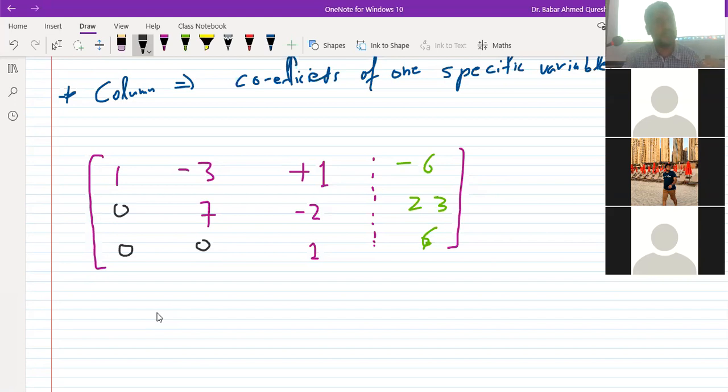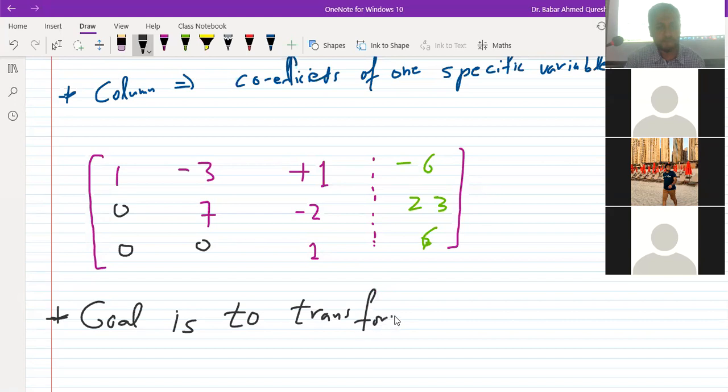So the goal would be to bring my original matrix which I constructed to this form. The goal is to transform the augmented matrix to strictly triangular form. What is the strictly triangular form over here? The associated matrix of coefficients, the CM, should be in the strictly triangular form.